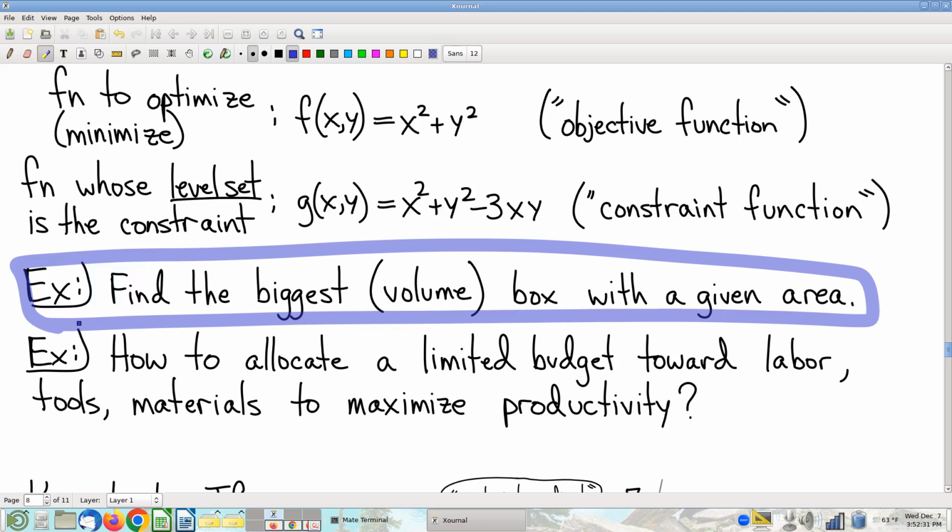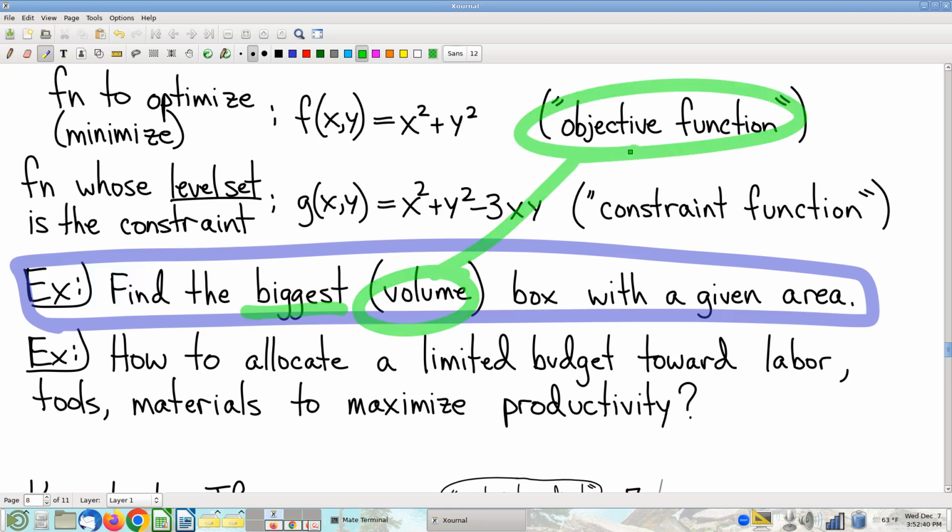Well, this is actually a constrained optimization problem. You want to optimize volume. So volume is your objective function. This is what you want to make as big as possible. You want to get as much space in there as you can to put the most stuff as you can. There is a constraint, though. The constraint is area.